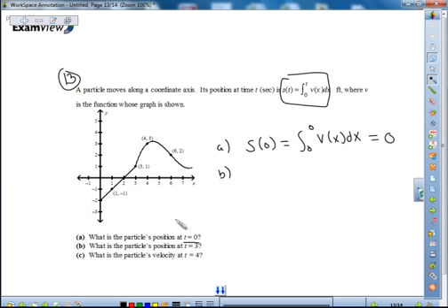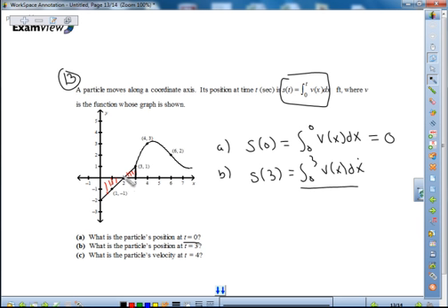Part B says, where is the particle when t is 3? So I'm going from 0 to 3. That means find the total area under the curve from 0 to 3. Remember, anything below the x-axis is negative, anything above the x-axis is positive.